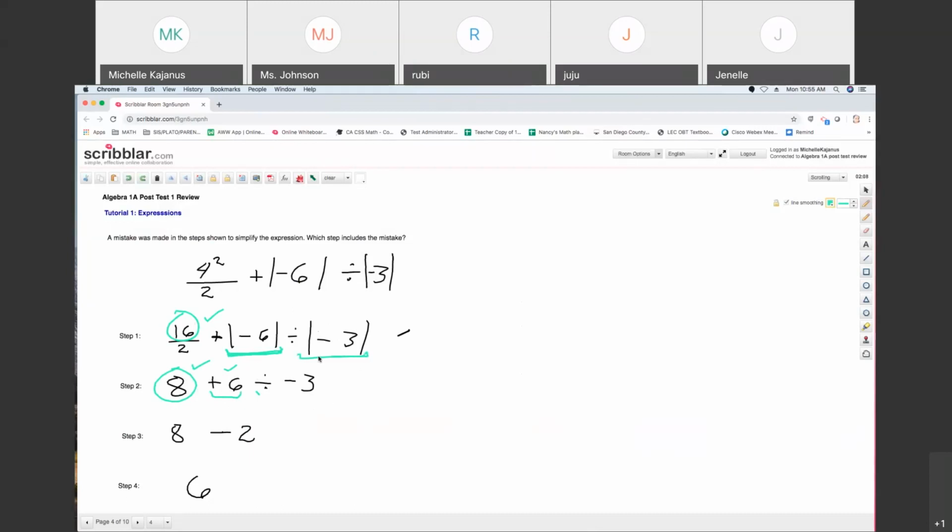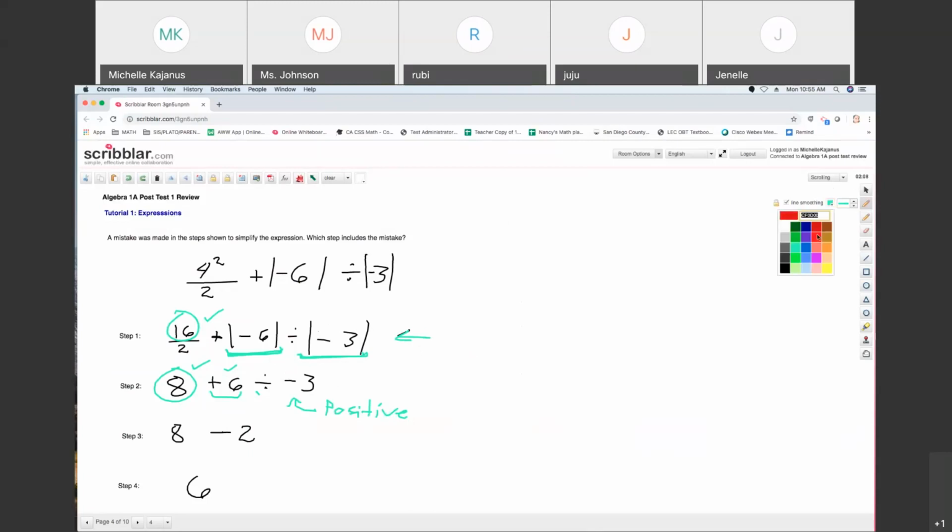They did not take the absolute value correctly. The absolute value of -3 should be +3. This should have been positive. Even though the mistake was made here, you really don't see it until you write it in step 2.